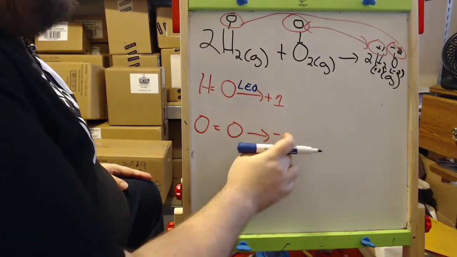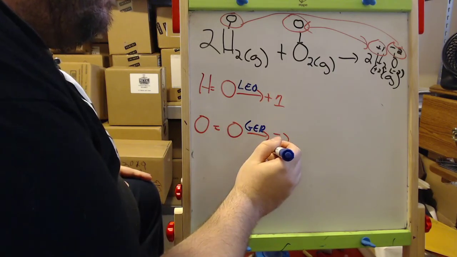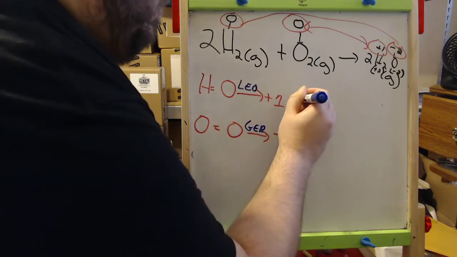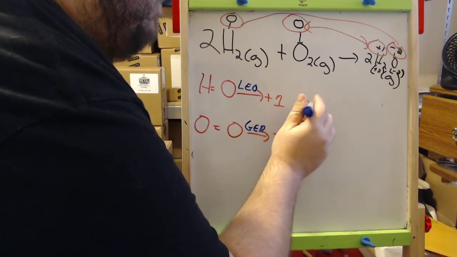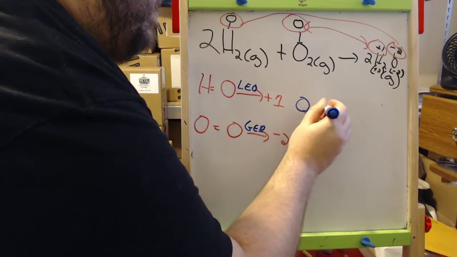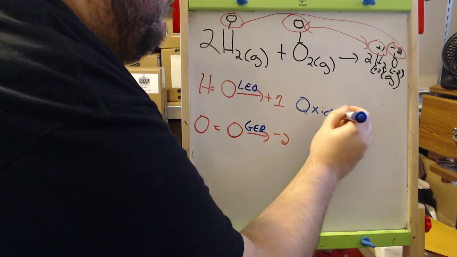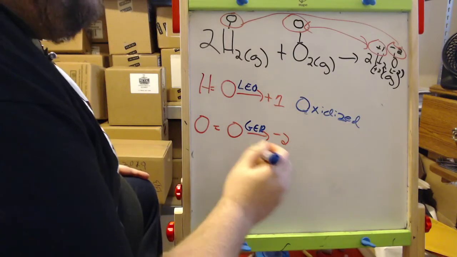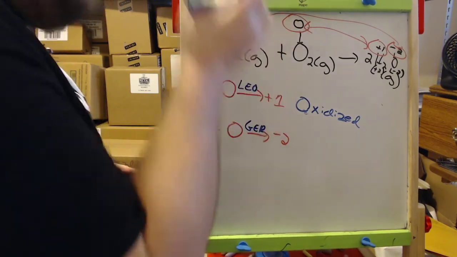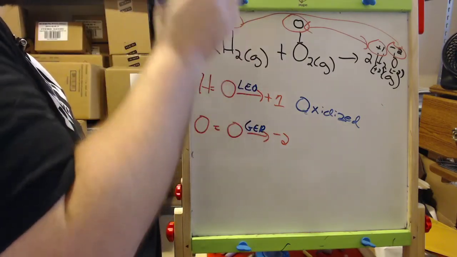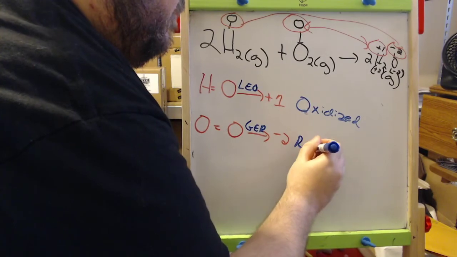How did I go from 0 to minus 2? I had to gain electrons. So hydrogen, Leo, hydrogen lost electrons. It was oxidized. Oxygen went from 0 to -2. It had to gain electrons. Gaining in this case is negative. You're gaining negative, so it was reduced.